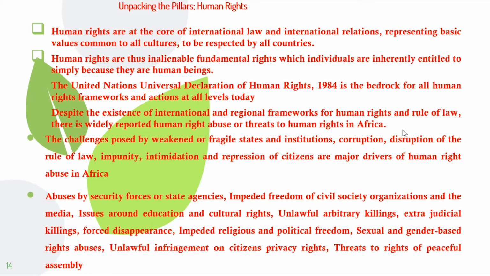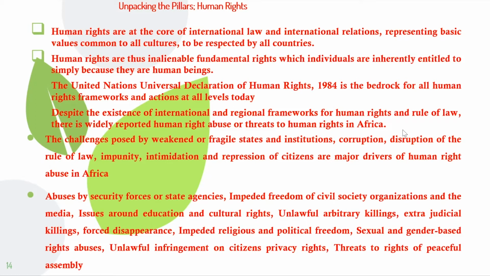The challenges posed by weakened or fragile states and institutions, corruption, disruption of the rule of law, impunity, intimidation, and repression of citizens are major drivers of human rights abuse in Africa.